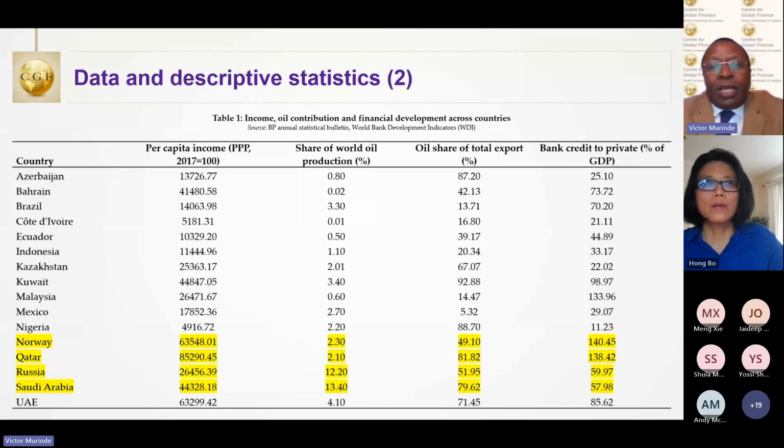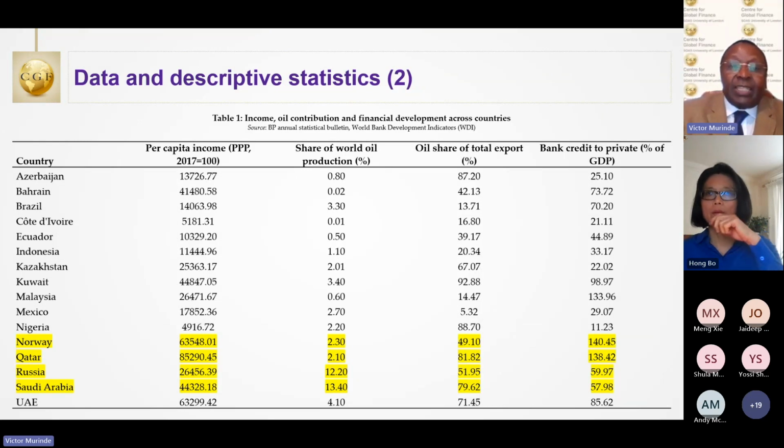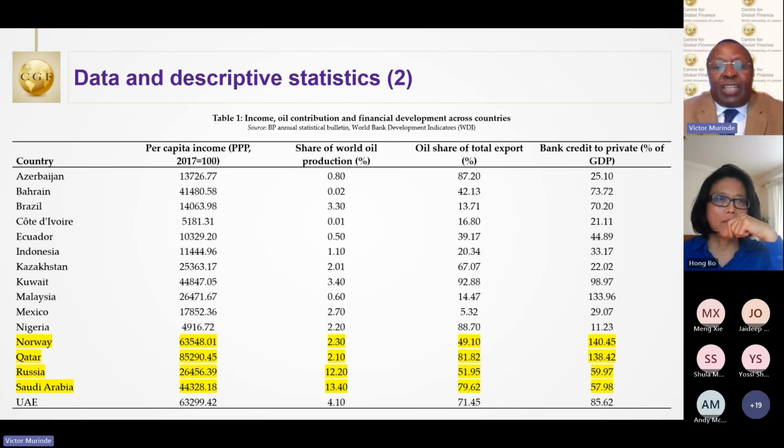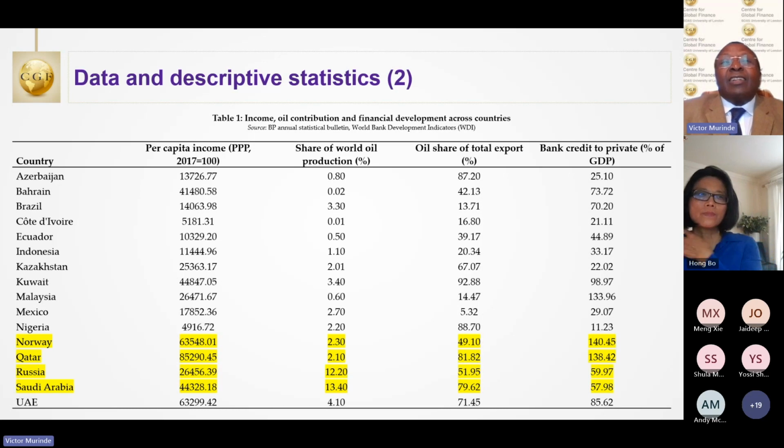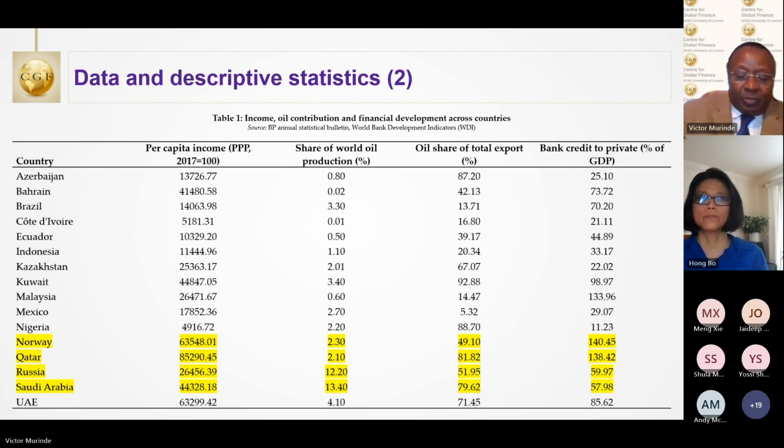Okay, now just briefly to highlight the first stage of the data analysis, which is the descriptive statistics. We find it very interesting to look at the data and why we think the insight from bank credit shares is interesting.